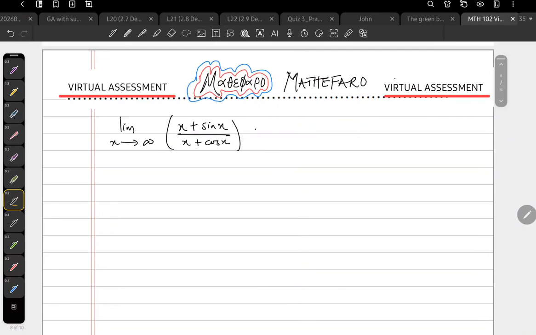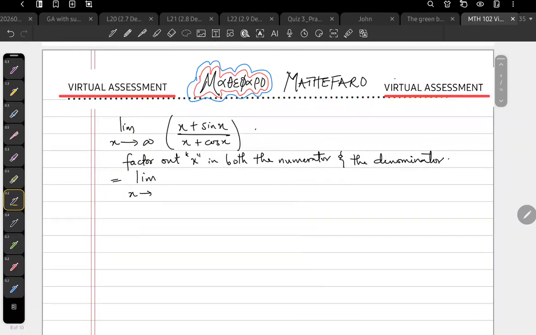So the first thing we can try to do is to factor out the highest power of x like we usually do. But in this case, let's just say factor out x from both the numerator and the denominator. So what do we have? This is the limit as x approaches infinity of x over x.